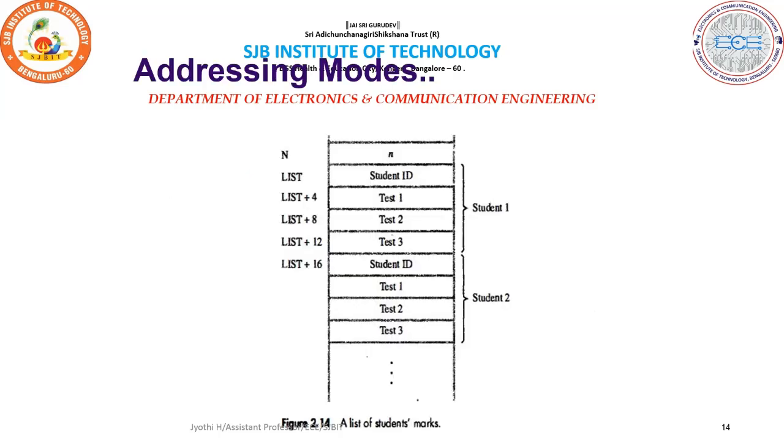For the list of n students, the student ID is at list, test 1 is at list plus 4, test 2 at list plus 8, and test 3 at list plus 12. So that is all for student 1. The next memory location is for the next student, and similarly it is allocated for n number of students.